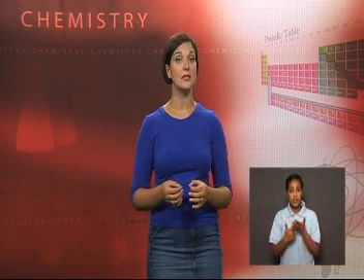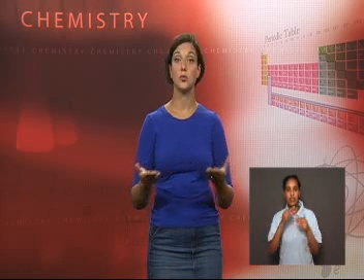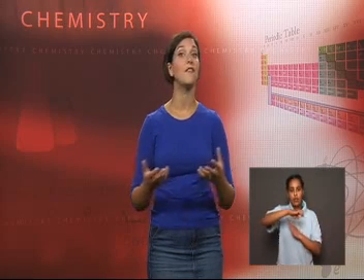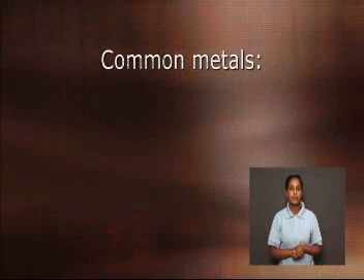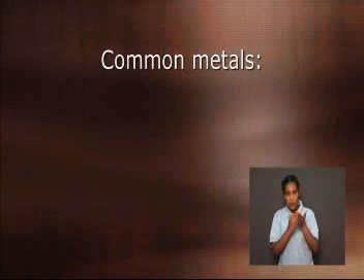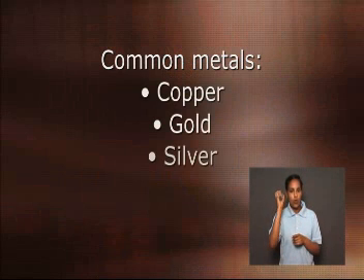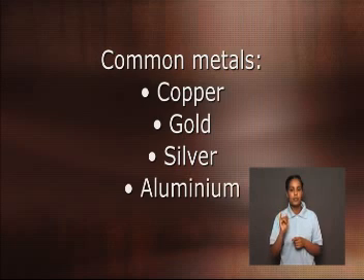These properties depend upon the packing efficiency of the crystal structure, as well as the number of valence electrons that are available for bonding. Some common examples of metals are copper, gold, silver, aluminium, and iron.